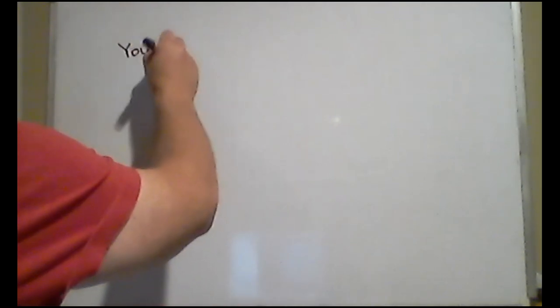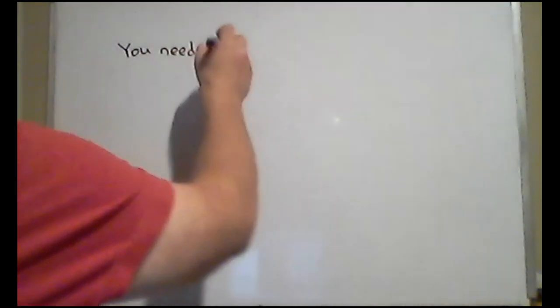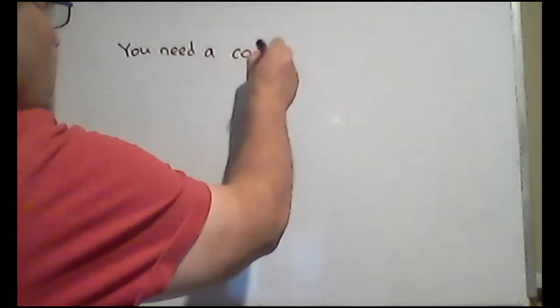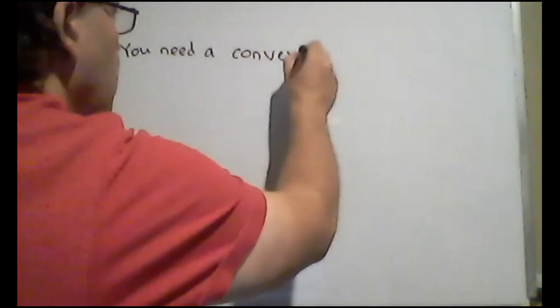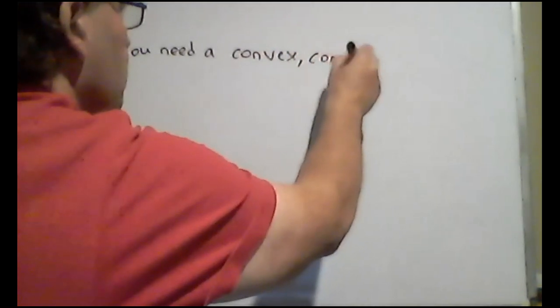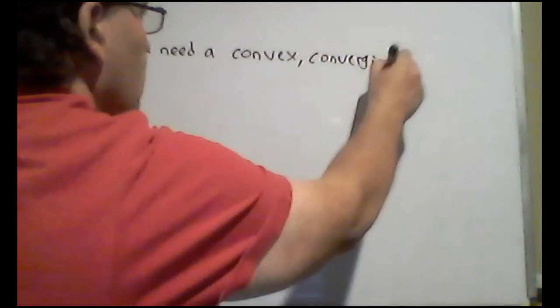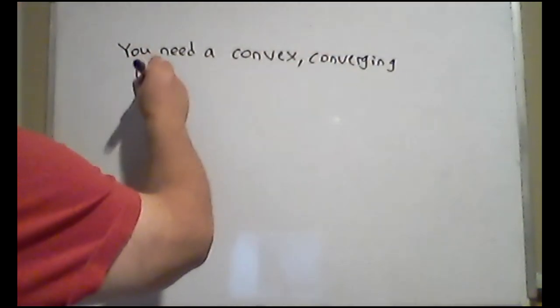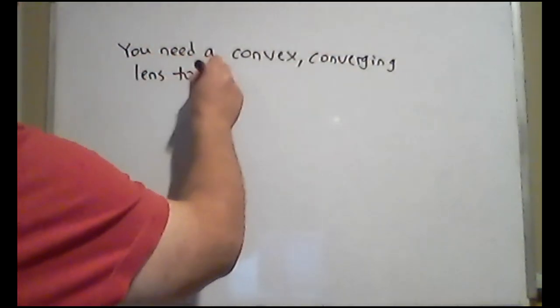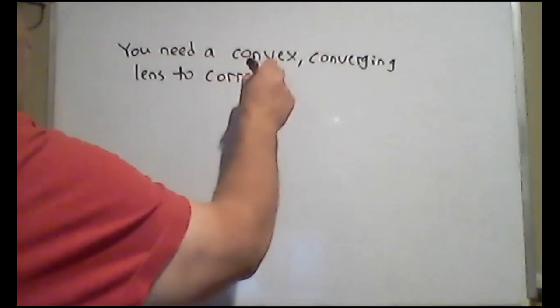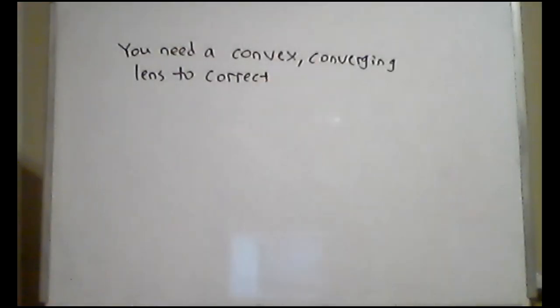So essentially you need a convex, converging lens to correct farsightedness. Why? Because you saw that the power is positive, so that means the focal length is positive.